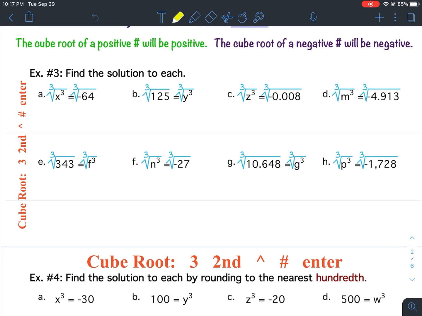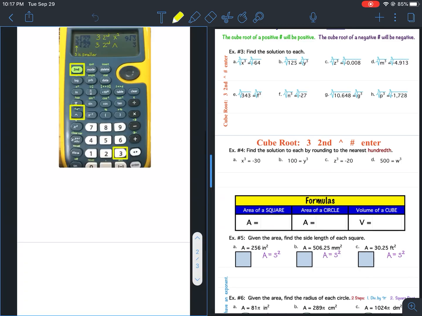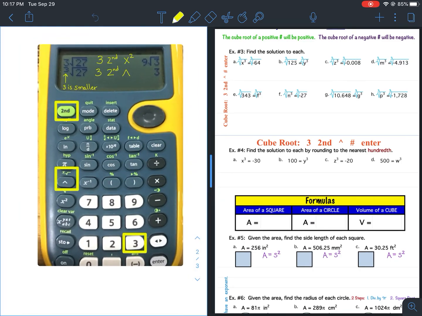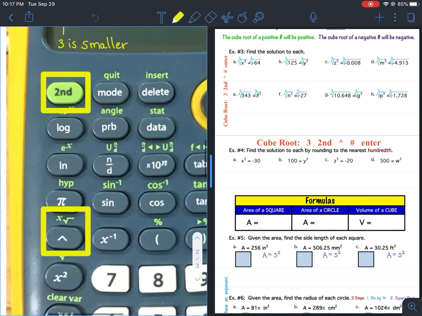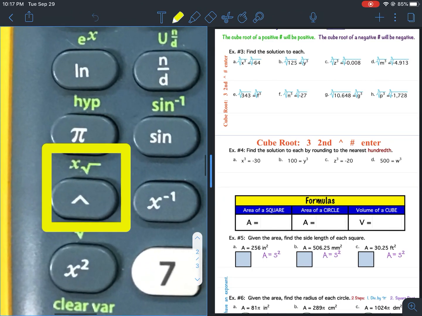Okay, now remember, if you are using one of the school calculators, to put in the cube root, you would put in the 3 first, then you would hit the second button, and then you'd hit the caret button. If you look above the caret button, it has the root symbol with an X, because you could put any root.